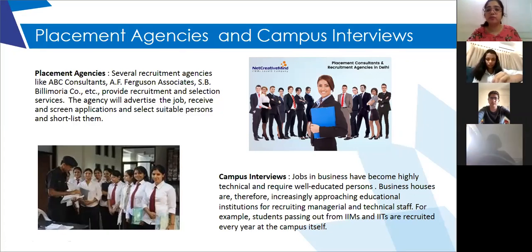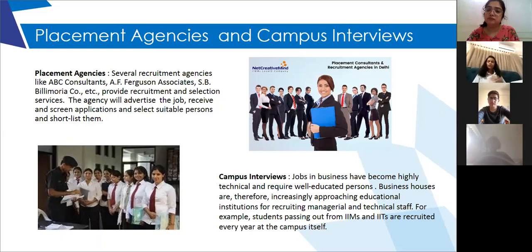Krishna, what is recruitment? Ma'am, choosing people for a specific job. Okay. Choosing people for a specific job is recruitment. That's what I told. Yes, Divyata?